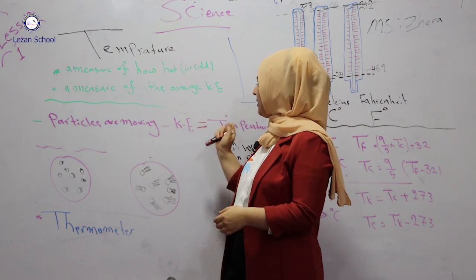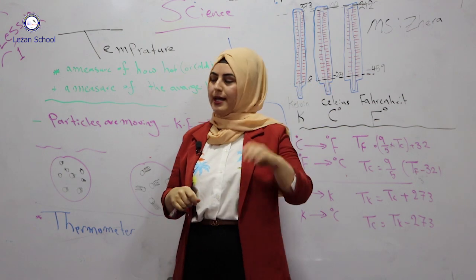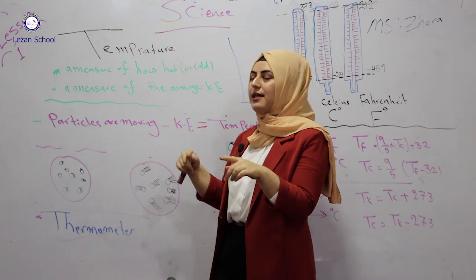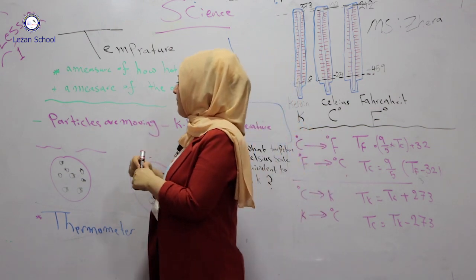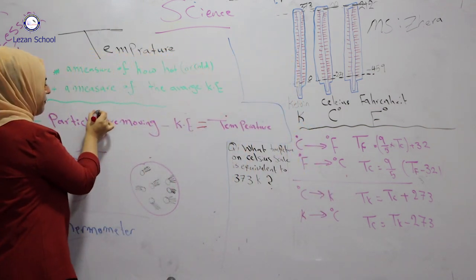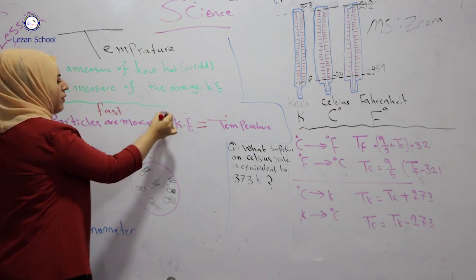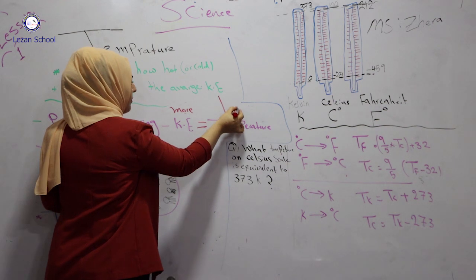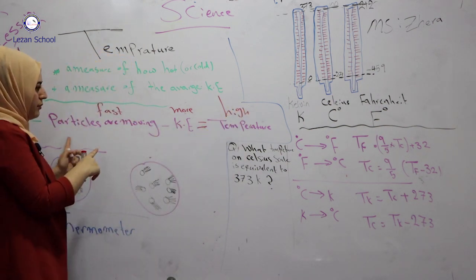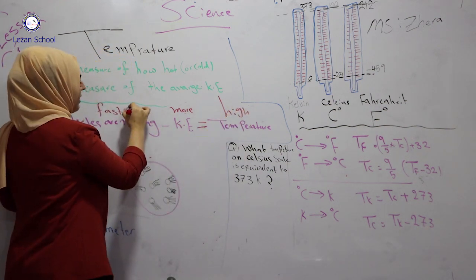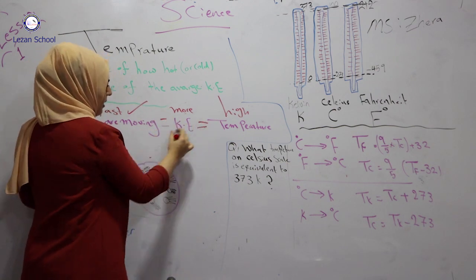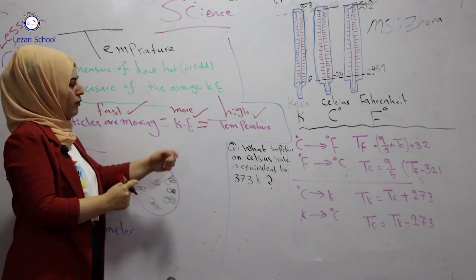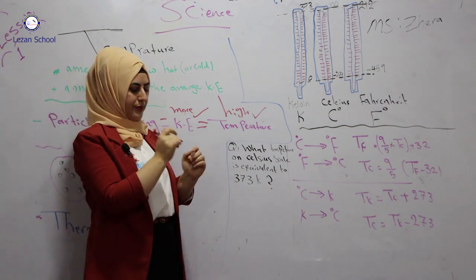When we have more kinetic energy, we have a high temperature. This is a direct relationship: fast-moving particles mean more kinetic energy and a high temperature.